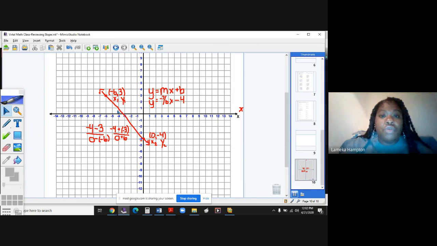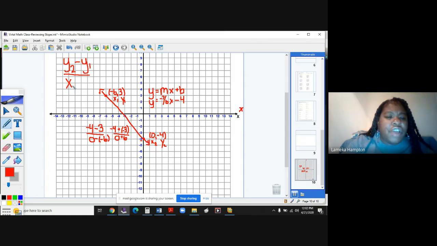So what we're going to do is we found the slope, and since I have a little bit of room, I can now write my equation here. So remember, I am a creature of habit.